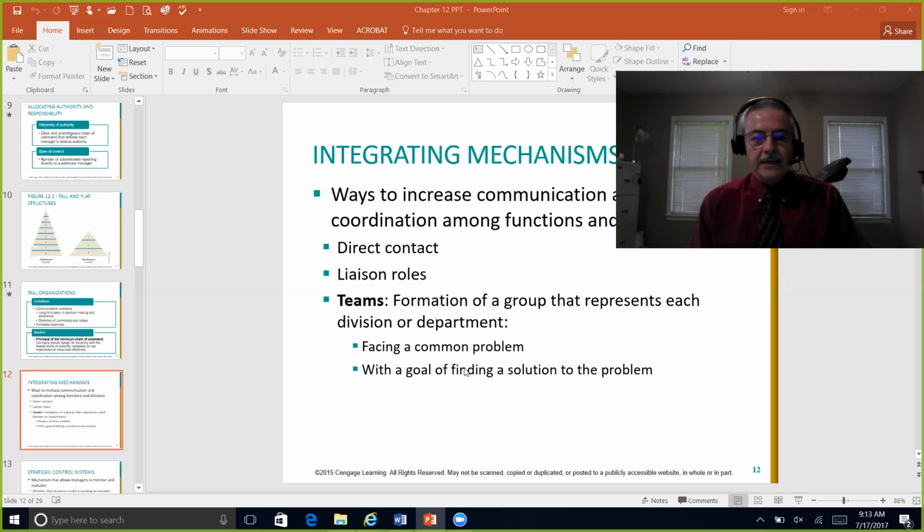Another way is through liaison roles, where managers can increase the coordination by establishing liaison roles.